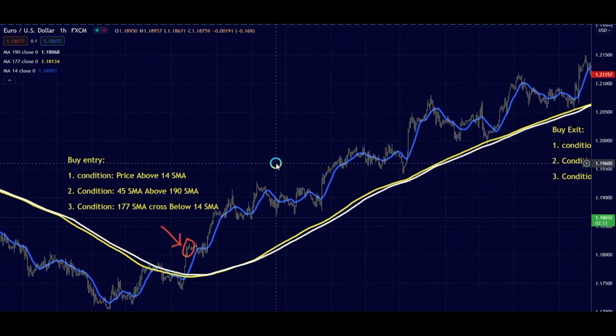But if you have a really great exit strategy and a pretty bad entry strategy, you can still manage to break even, or even be in a profitable scenario.